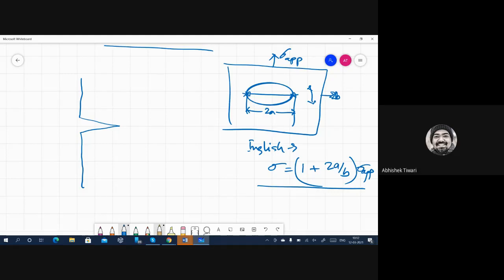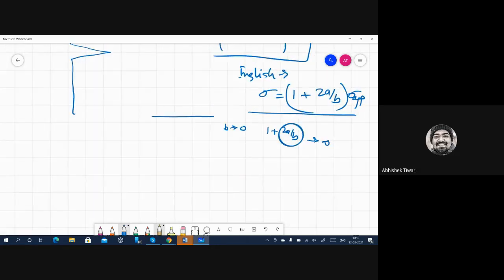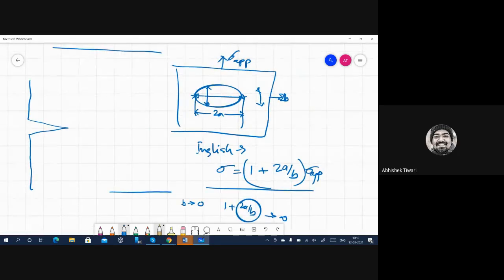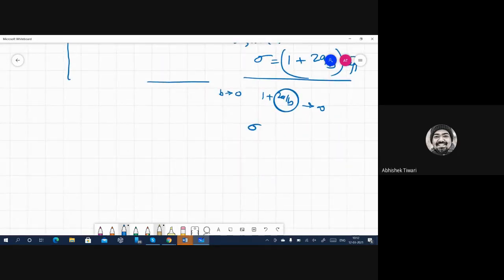But what happens if it becomes very sharp? If the upper surface comes very close to the lower surface, then what is the value of B? The value of B tends to 0. And therefore, in 1 plus 2A by B, this term tends to infinity. Here you see the signal that if this becomes very sharp, then the amount of stress you can feel at the tip can reach infinity.